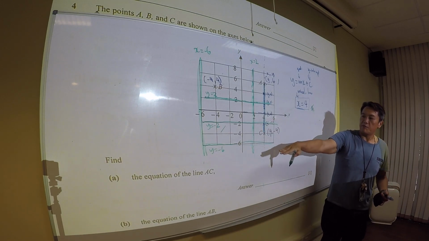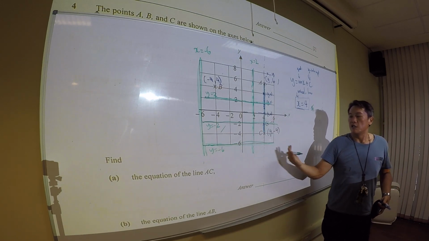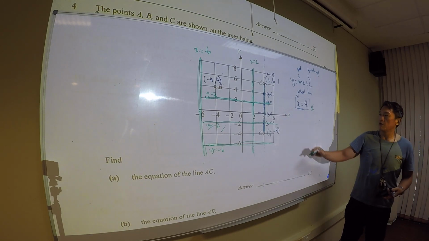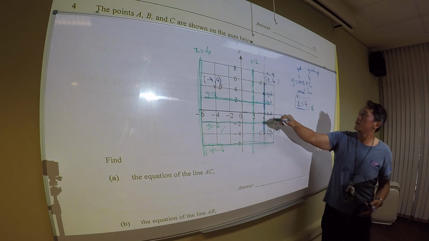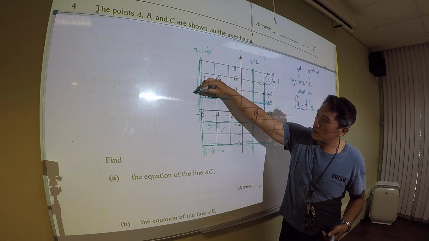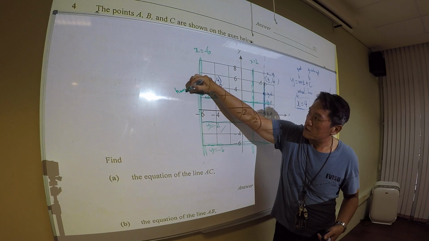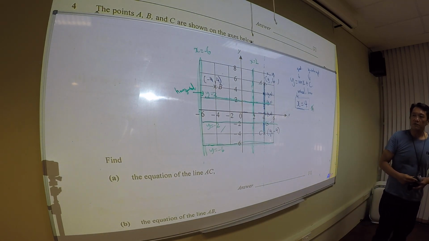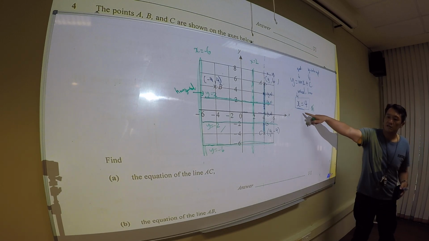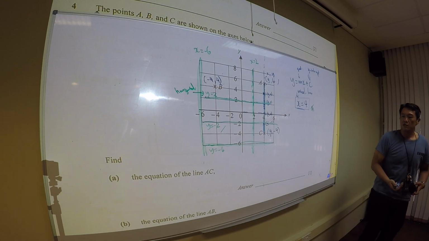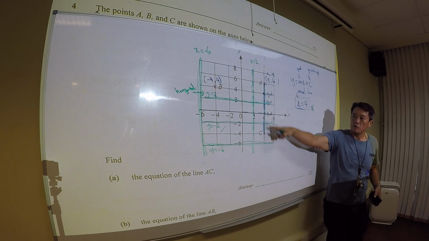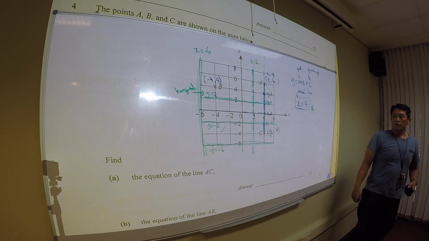Because the up and down don't change, the left and right keep changing, we cannot use the keep-changing one to describe it. So a horizontal line will have y equals something. For a horizontal line we use how high it is to describe it, so we name it y equals something. Vertical line, special case, x equals something. What is this something? It is where it passes through the x value.